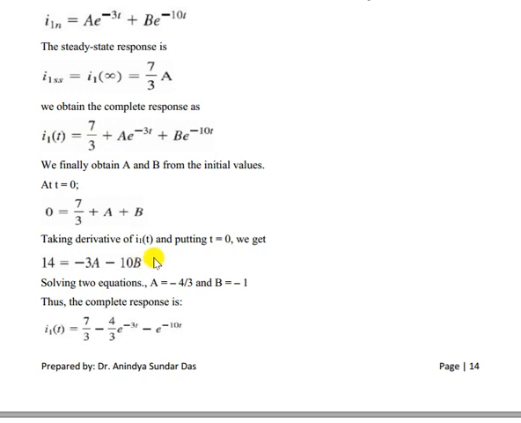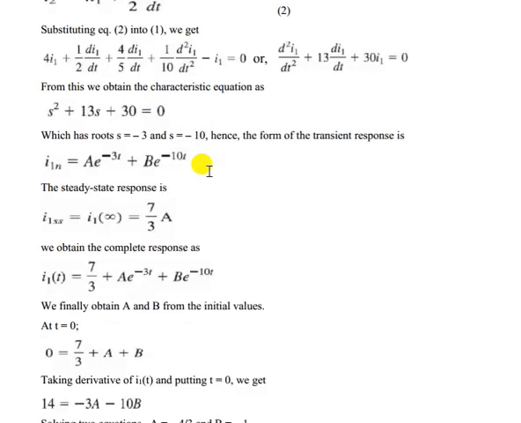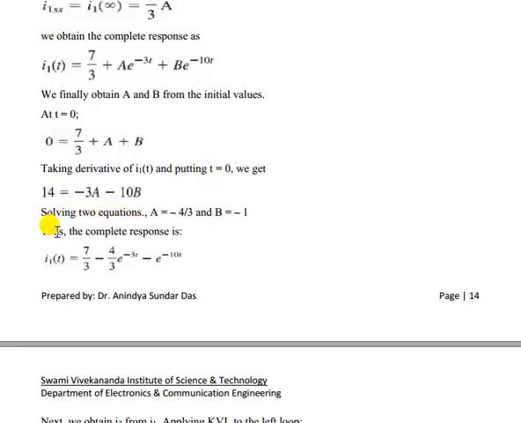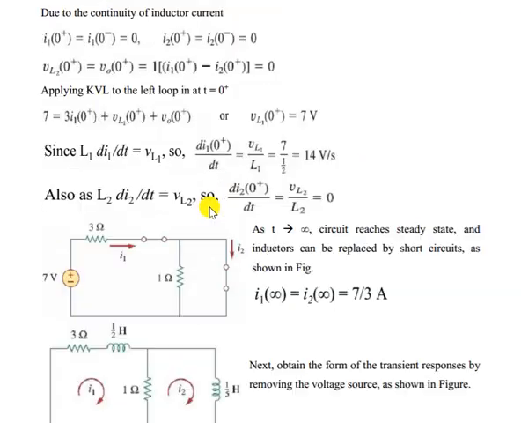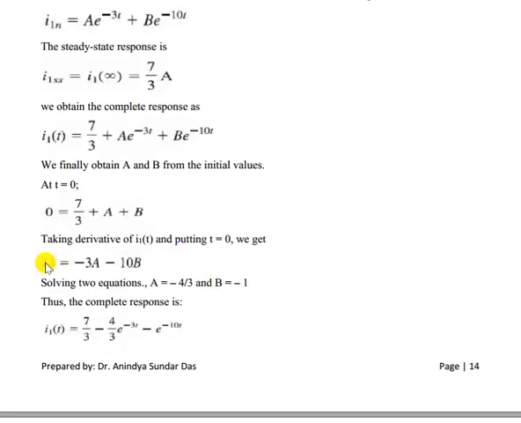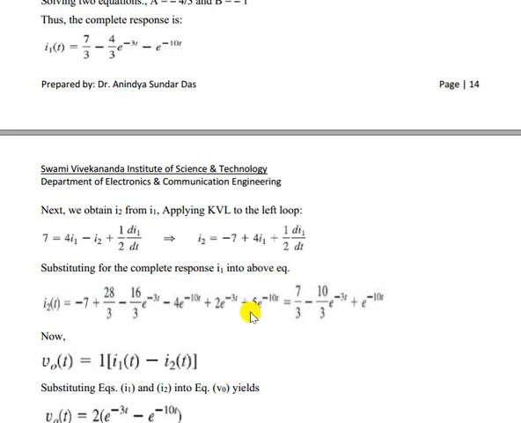Now taking the derivative of I1(t), you know the derivative value, di1(0+)/dt is 14. We can put it here, and differentiation of this gives minus 3A minus 10B. So we got two equations. Solve them for A and B, and we get this expression by putting these values here. So that is the response.